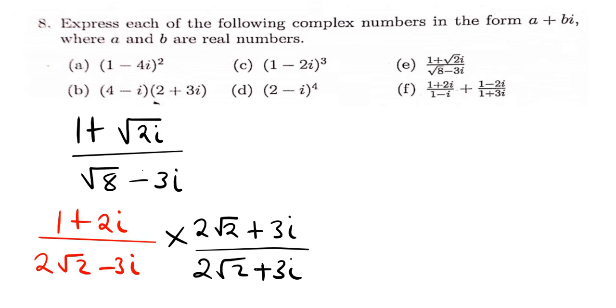So in this case, what am I going to do? I'm multiplying the top part and that. Let's start with 1. When 1 multiplies with the other part, I'm just going to have 2 root 2 plus 3i. Now it's the 2i multiplying with that other part.